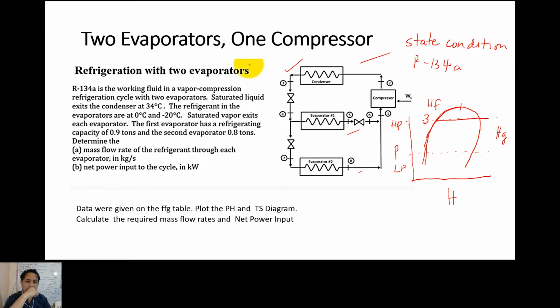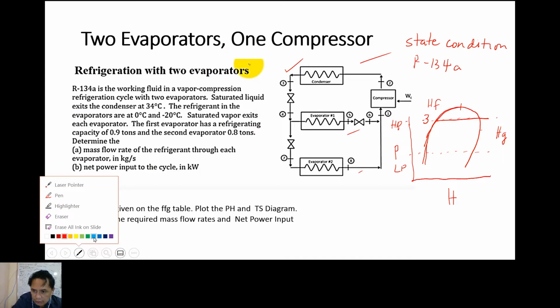What are the temperatures and where are they located? That's the next question. The temperatures are 0 and negative 20. So where would you place the 0? Where would you place the negative 20? I'll be using another color so that we will be more clear on this.